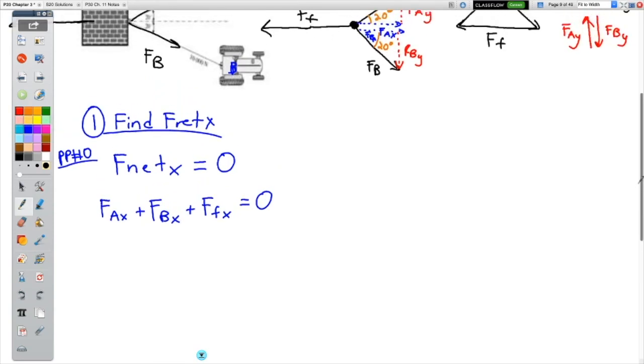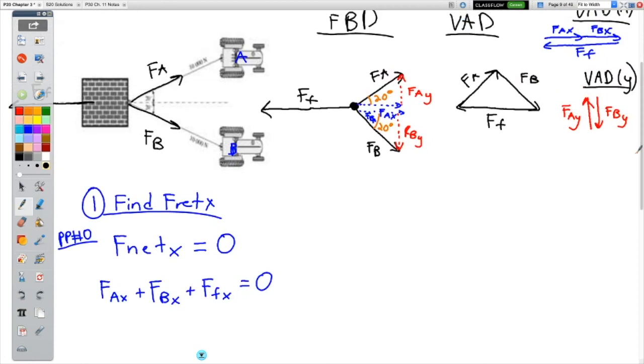Well, if we go up here to our free body diagram that we've drawn where we've separated the components, FAX. Okay, I'm going to make this bigger because that's kind of too tiny, right? We have FA, we have FAX, and we have FAY, right? And we know this angle is 20 degrees.